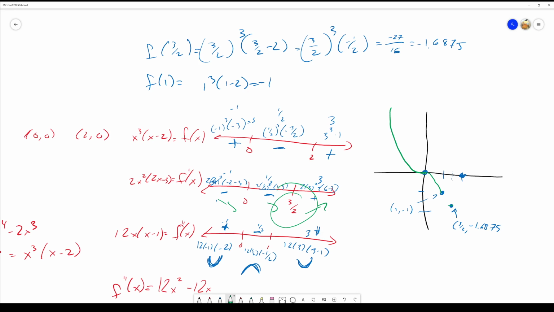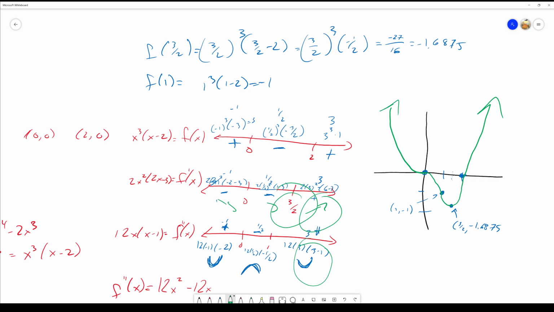And then at 1, I'm going to suddenly switch to concave up again, but I'm not at 3/2 yet, so I'm still decreasing. After this point, I'm still concave up, and I'm increasing until I get to 2, and then I'm going to cross the axis, and it's going to look something like that.